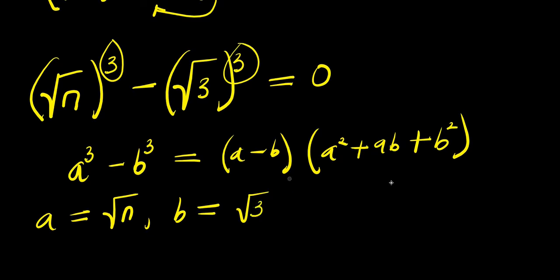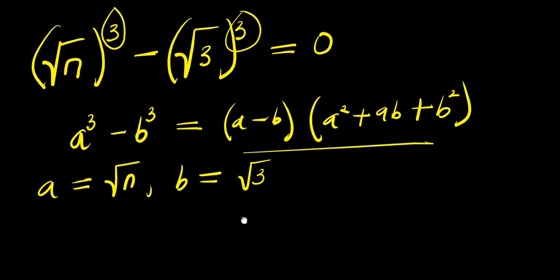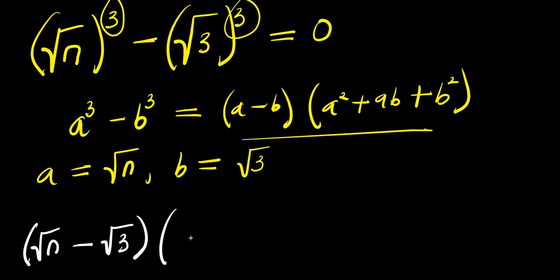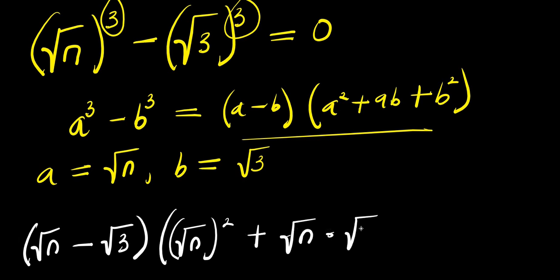So inserting them right here, I will simply have square root of n minus square root of 3 times square root of n raised to the power of 2 plus square root of n times square root of 3 plus square root of 3 raised to the power of 2 equals 0.